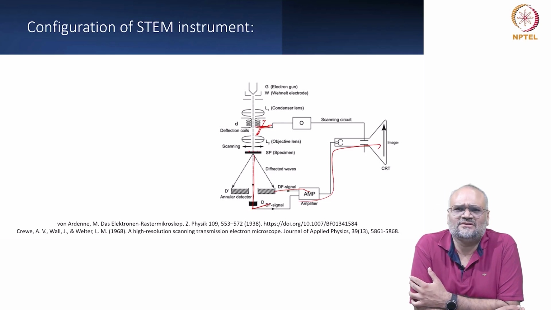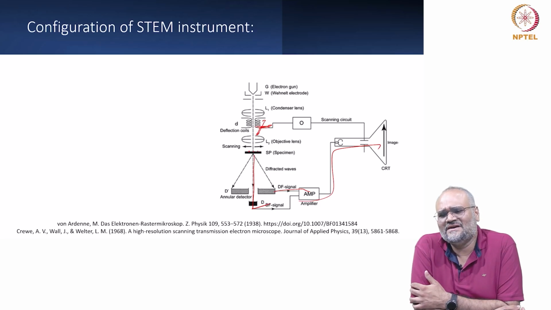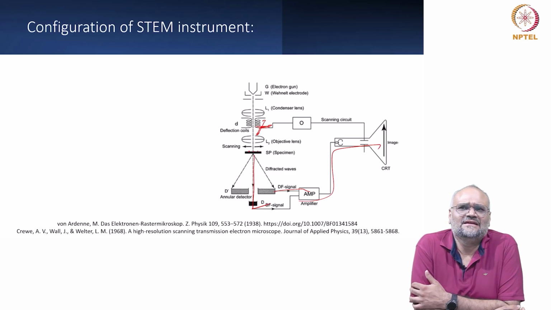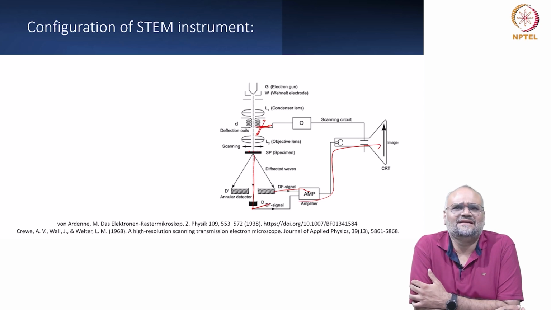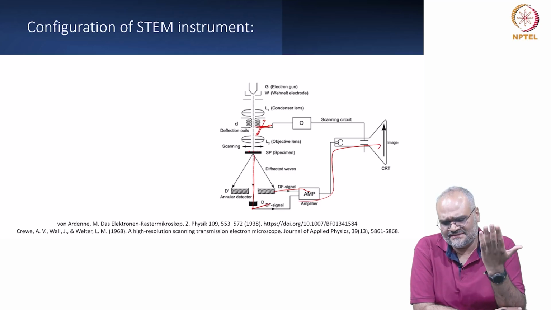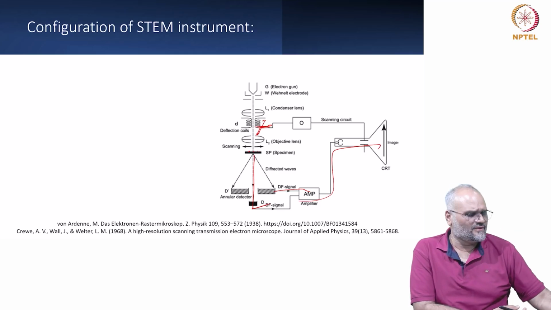From the construction of the old day detectors, you had annular dark field and bright field detectors in which the signal was separated, but now you can collect the entire forward scattered signal, and by using a virtual aperture you can reconstruct either a bright field or a dark field image from the same signal that is collected.